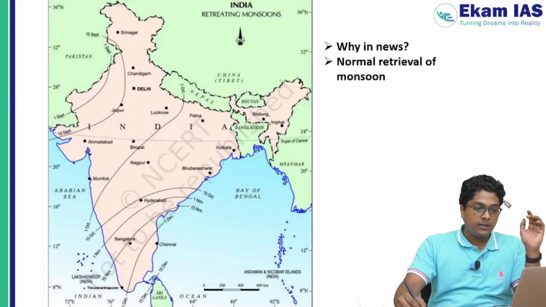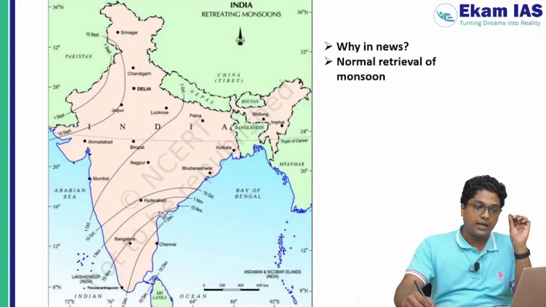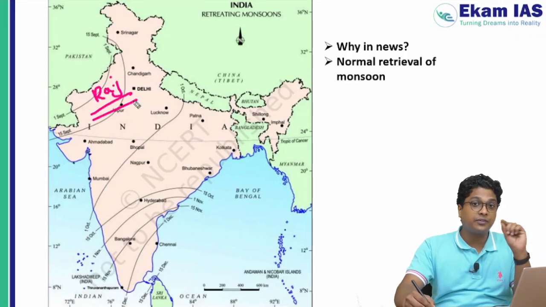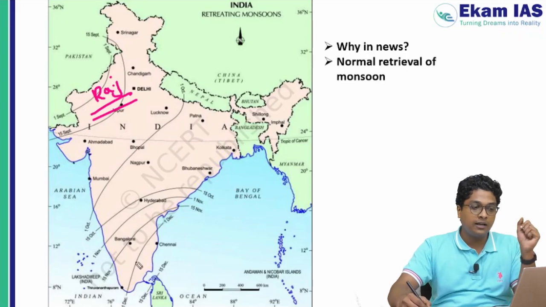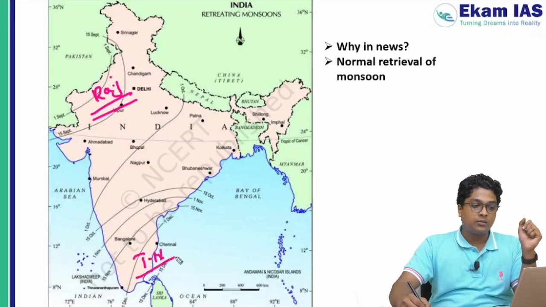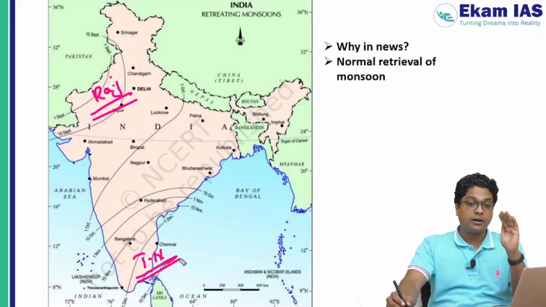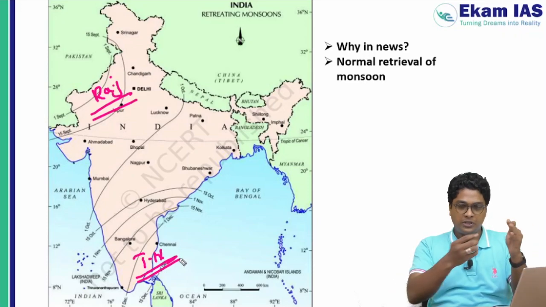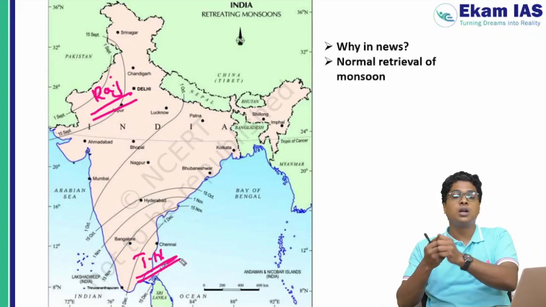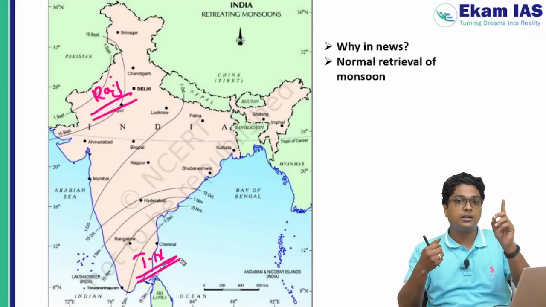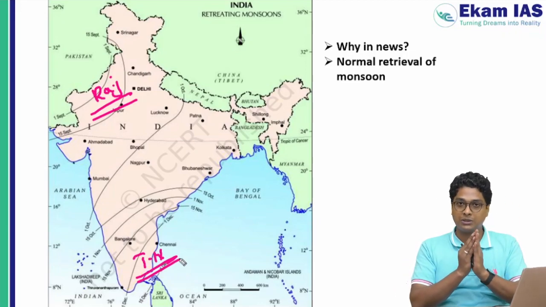Here the retreating monsoon, as I told you, begins from Rajasthan, but it ends not in Kerala, rather in Tamil Nadu. The last place from which the monsoon clouds withdraw is Tamil Nadu, not Kerala. Remember that fact.